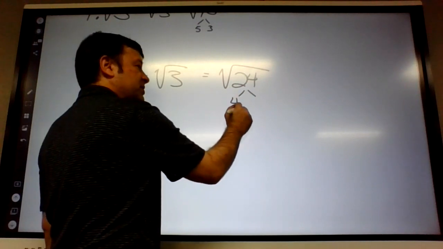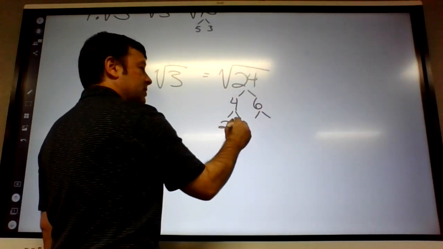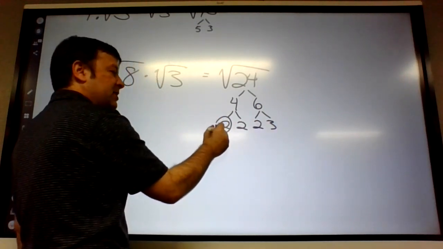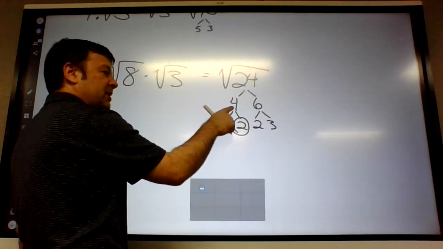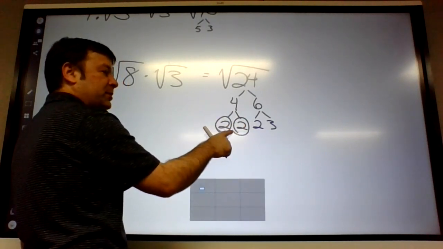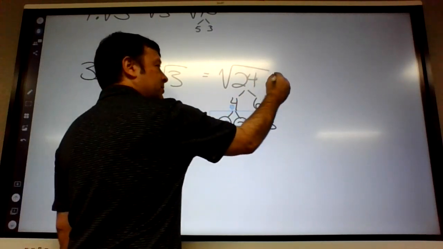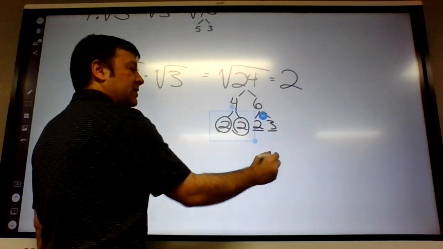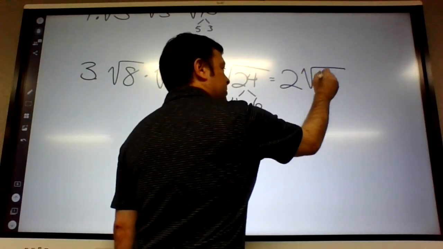So what you do is you break it down, and anything that has doubles means there's something with a square root. Like 4 has a square root of 2. So anything that has doubles is going to come out. So that double 2 is going to come out as a 2. And then what's left behind is 2 times 3. So it's 2 square root of 6.